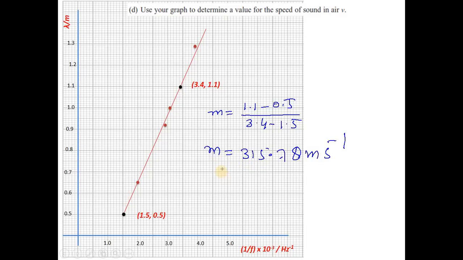This m is the gradient, and that is the velocity: 315.78 meter second inverse.